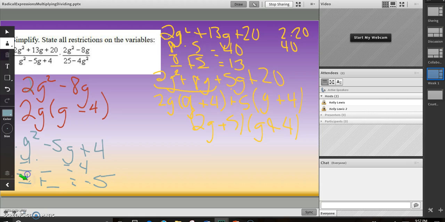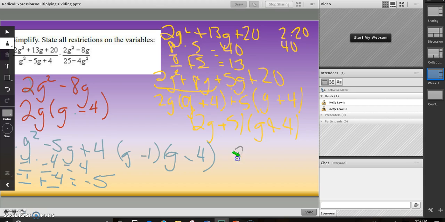I get negative 1, negative 4. Negative 1 times negative 4 is 4. Negative 1 plus negative 4 is negative 5. So it is g minus 1, g minus 4. And we're pretty happy because we had a g minus 4 and now we have another g minus 4.